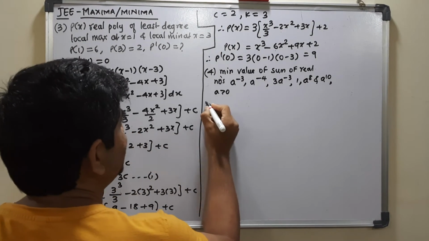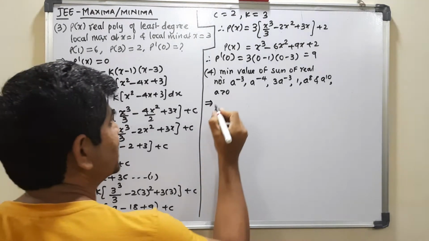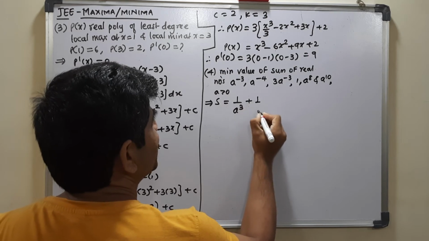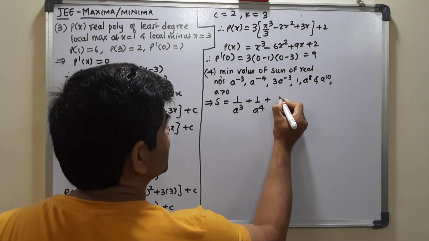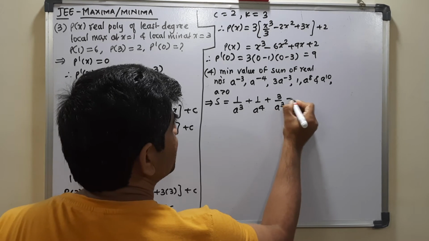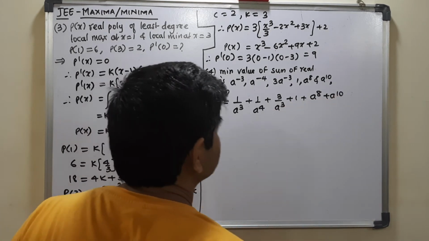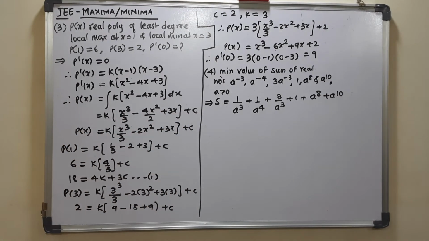So the sum I am writing here to be 1 by a cube plus 1 by a raised to 4 plus 3 by a cube plus 1 plus a raised to 8 plus a raised to 10. Okay, this is your function of x. Now if you imagine differentiating it, first and second, first for the critical point and second for knowing whether it is minimum or maximum, it will be very tough to solve.